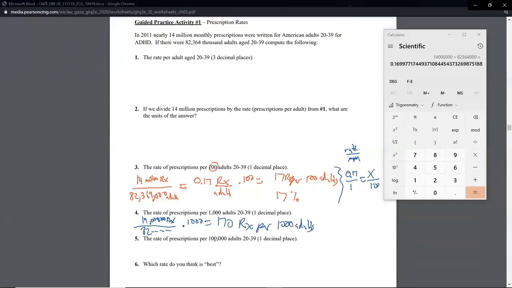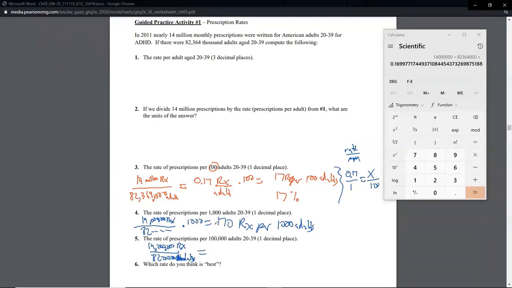If you want to scale this to 100,000 people, well, you take that same division, the 14 million, and you divide it by the 82 million. And that was prescriptions and then adults. And yes, I just rounded the number, but I wouldn't actually use that. Sorry, that gets a little sloppy. As I've said before, there's no algorithm making my handwriting better in this, so it looks awful.